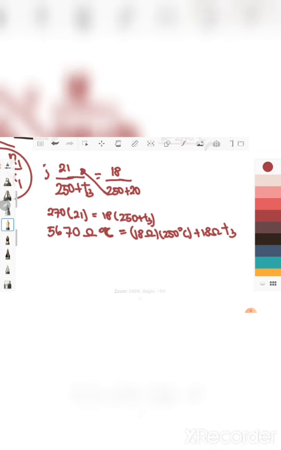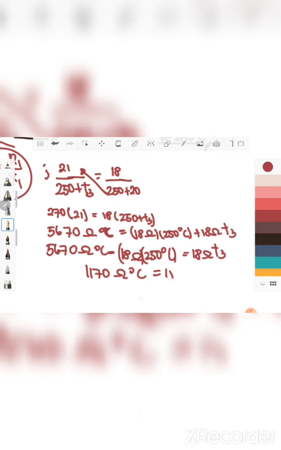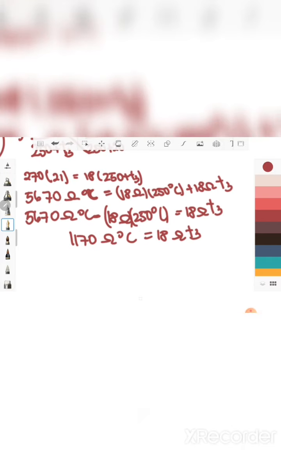So we have 5670 ohm degrees Celsius minus 18 ohm 250 degrees Celsius. So we have a value equal to our 18 ohm T3. Okay, so 5670 minus 18 times 250, we get a value equal to 1170 ohm degrees Celsius, which is equal to 18 ohm T3.